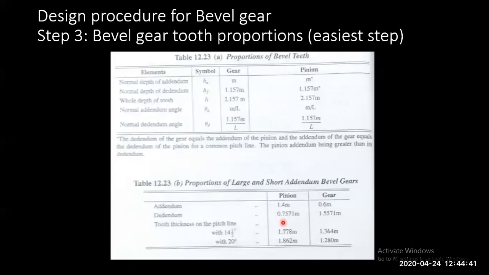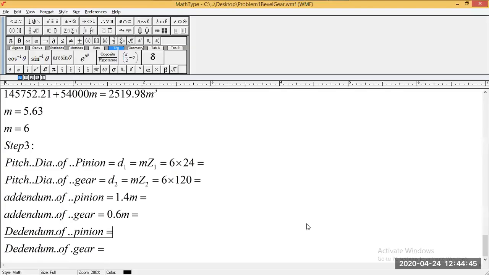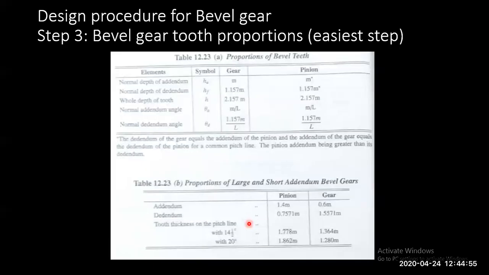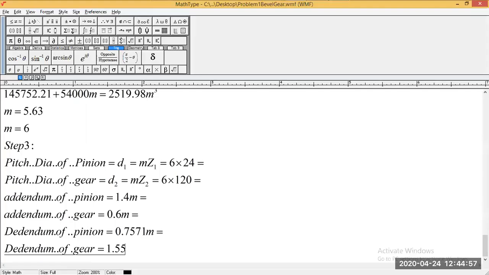Only key dimensions. Let us find. So addendum is 0.7571 M, and this is 1.5571 M. So all these are just key dimensions. You can find them just by multiplying the given value with the module.